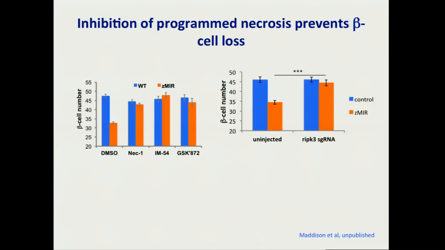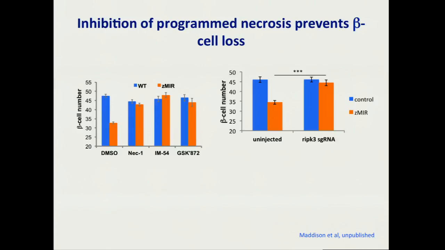This is just a transient knockout, so we call it knockdown, by injecting the guide RNA into the founder and then scoring the phenotype in the injected fish. And we show that knockout or knockdown of Ripk3 can protect the beta cells.